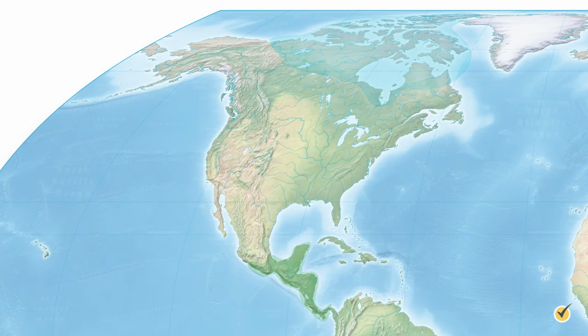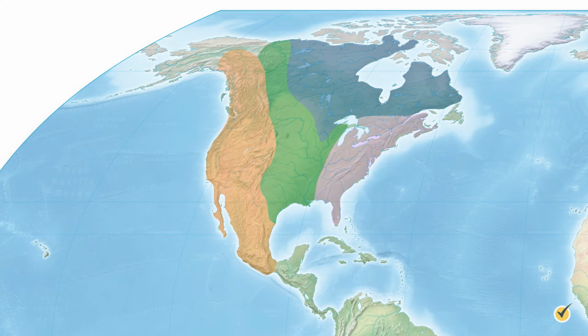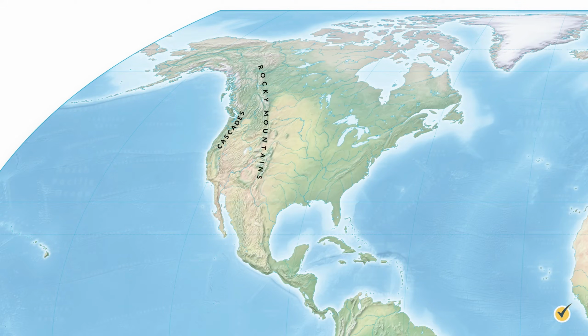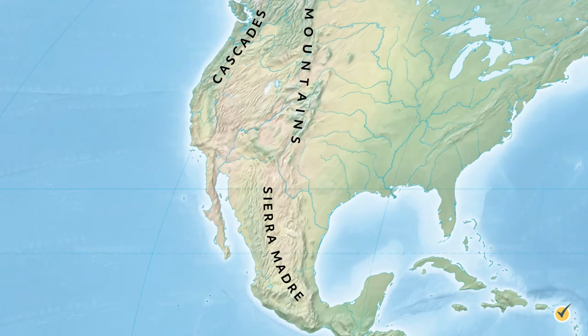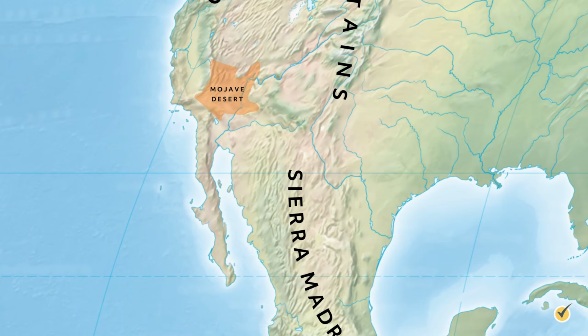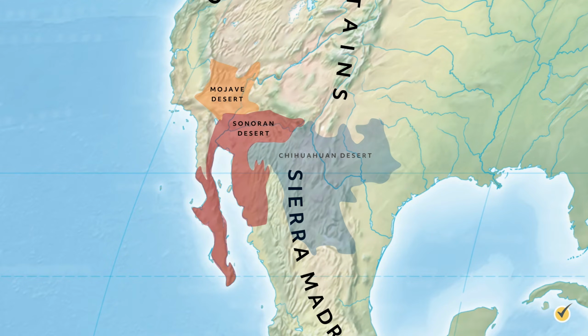To simplify things, North America can be physically divided into 5 regions: the mountainous West, the Great Plains, the Canadian Shield, the varied Eastern region, and the Caribbean. The West consists mainly of 3 young mountain chains: the Cascades, the Rocky Mountains, and the Sierra Madre Mountains, and 3 deserts formed by rain shadows: the Mojave, the Sonoran, and the Chihuahuan.